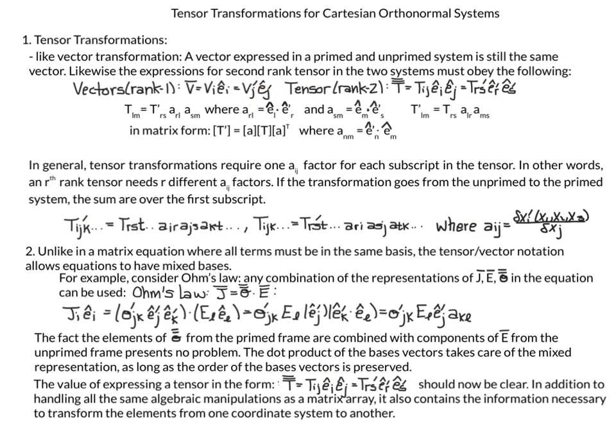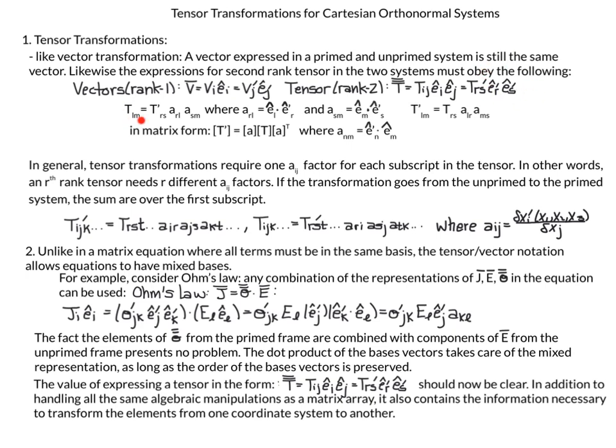So now in this video we'll look at tensors of rank 2, and what we say can generalize to tensors of rank n. So we have our tensor again using our notation. Since it's rank 2, we need 2 indices now instead of the 1 index we needed for vectors. So we have T sub ij in an unprimed and a primed coordinate system.